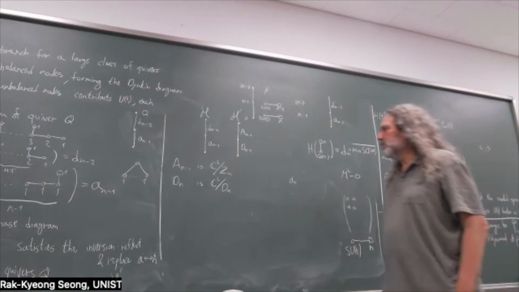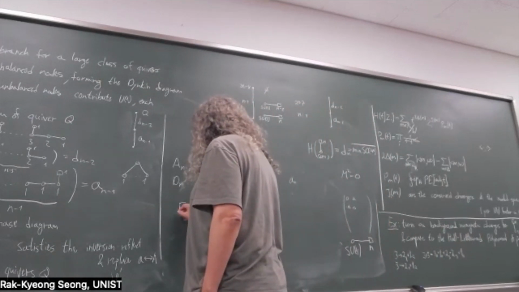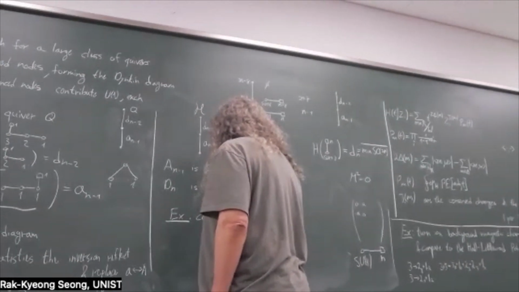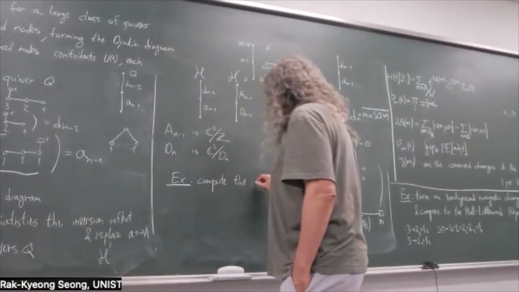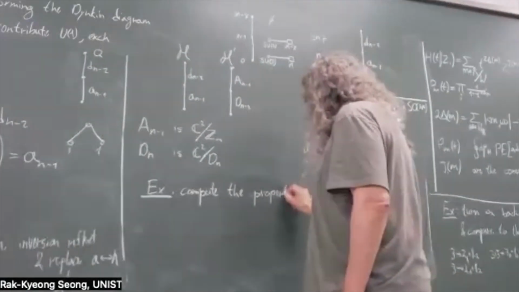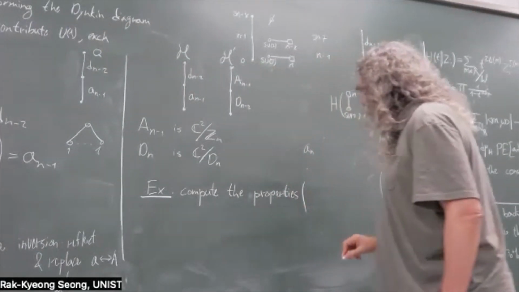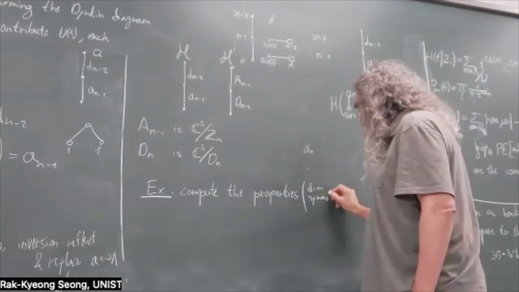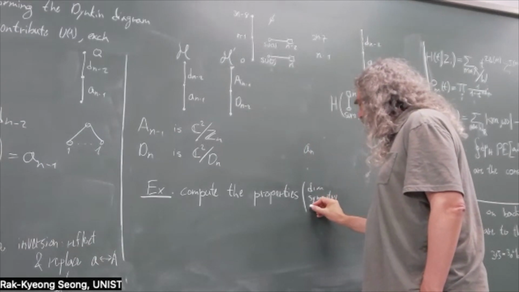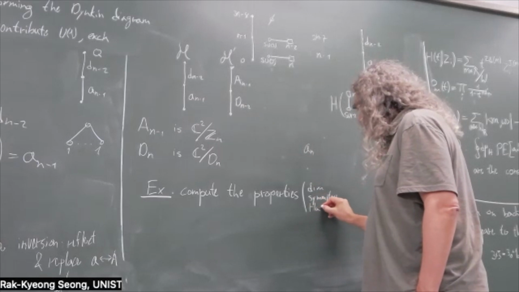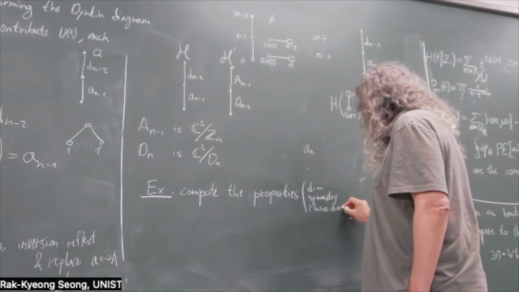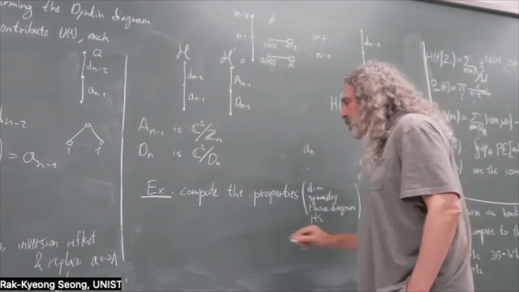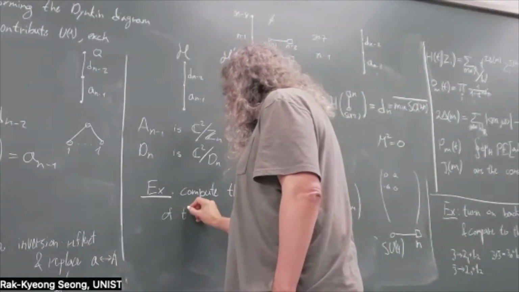So let me give an exercise. Compute the properties, and by properties we mean dimension, global symmetry, and the Hasse diagram, phase diagram, and also Hilbert series of the quiver.